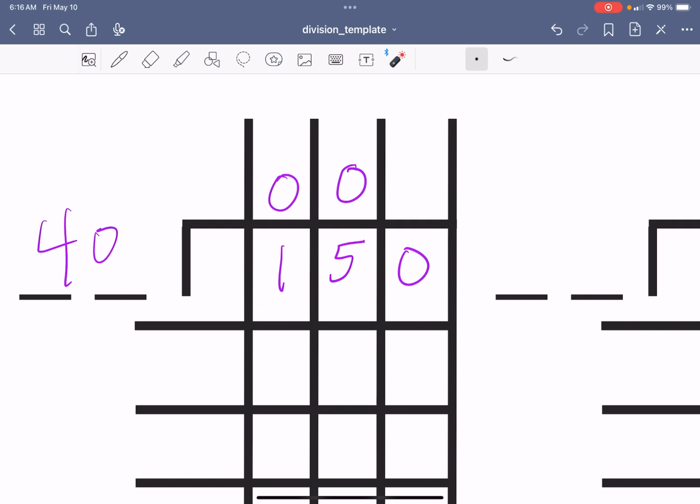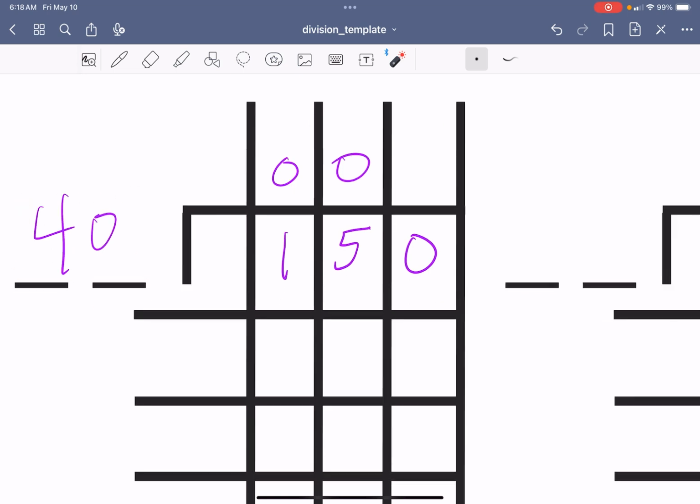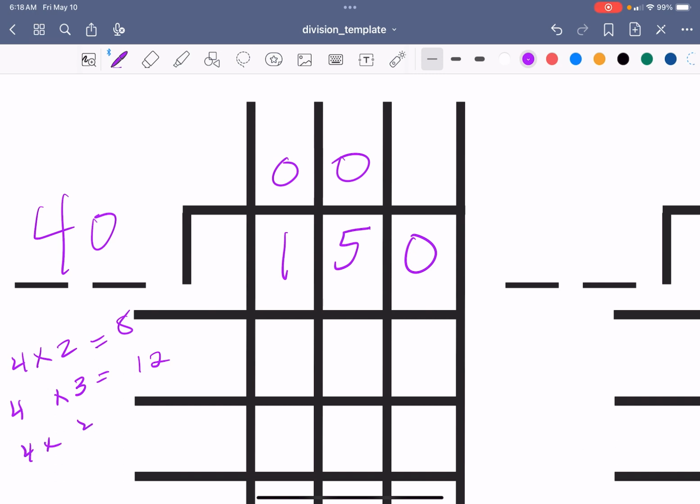Now, 150 divided by 40, let's see what that's going to be. Let's say I don't know my 40 times tables. So I do know my 4 times table. So let's see. 4 times 2 is 8. 4 times 3 is 12. 4 times 4 is 16.